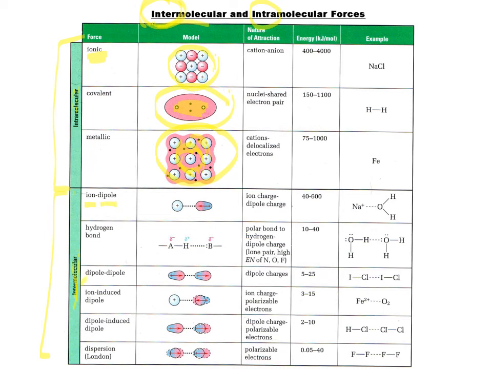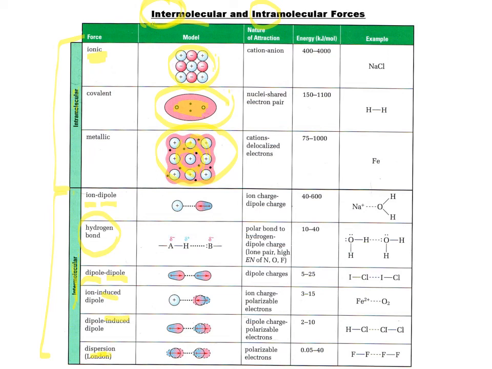If it is a dipole attracted to another dipole, we call it dipole-dipole. If that dipole is because of hydrogen bonding, which we'll talk about a little bit, we call it specifically hydrogen bonding intermolecular force. And then we're going to talk about these induced forces a little bit later with London forces as well. So here's what we're going through.